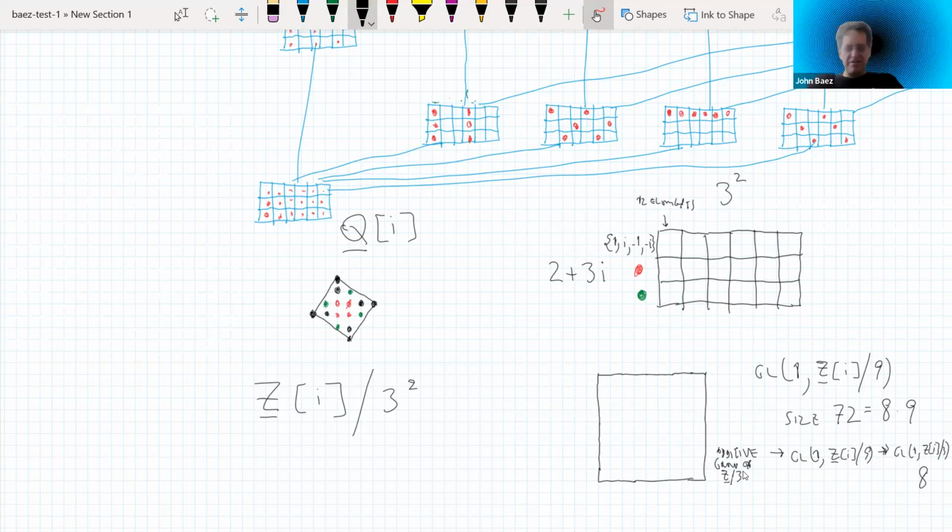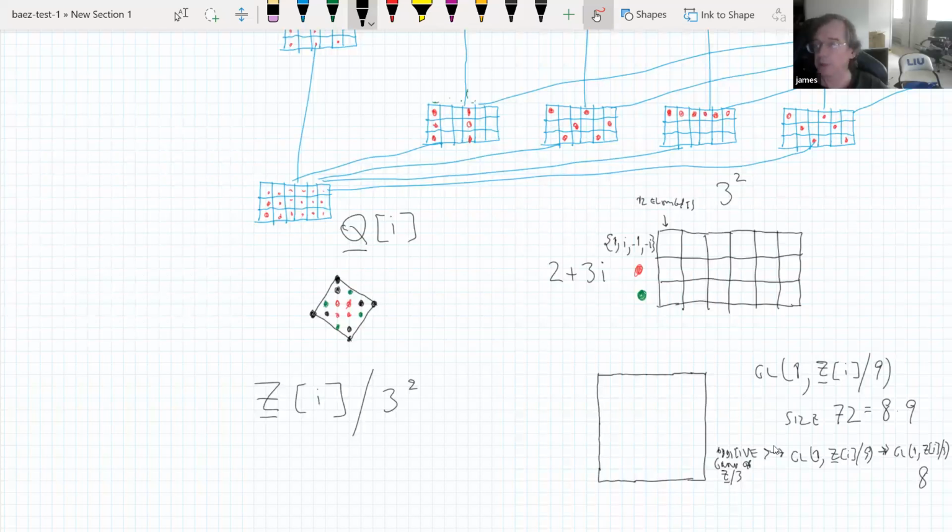Is this an example of something more general? It sounds like you told me about some other example of this type of thing, but I don't remember. Yeah, this happens whenever you have a prime power, when you're modding out an ideal that's a prime power ideal. So is that middle group the affine group, the semi-direct product?